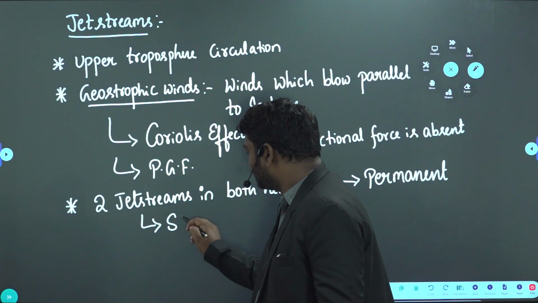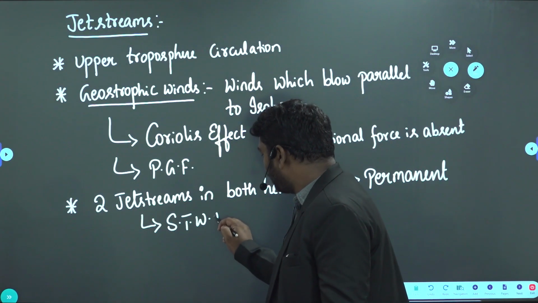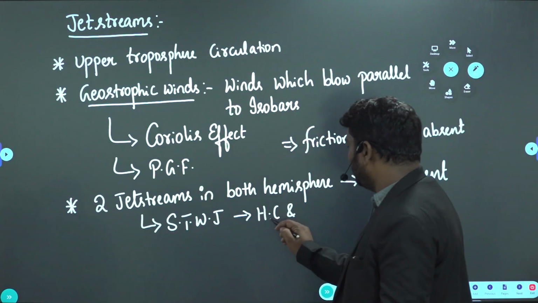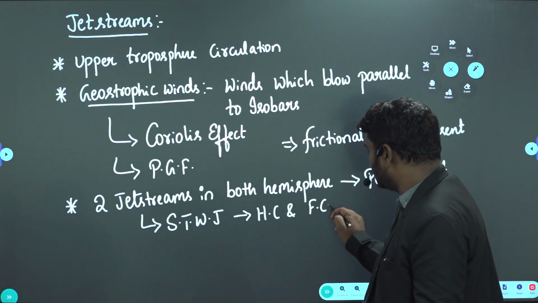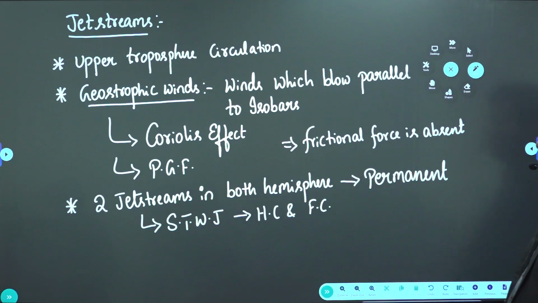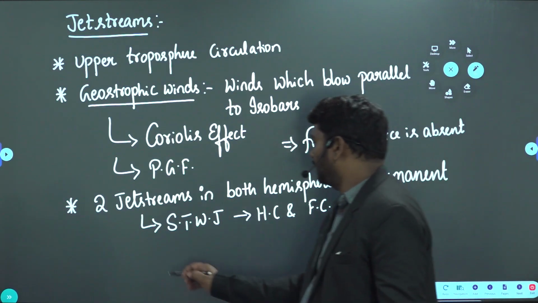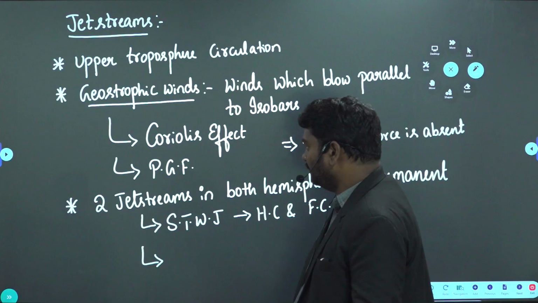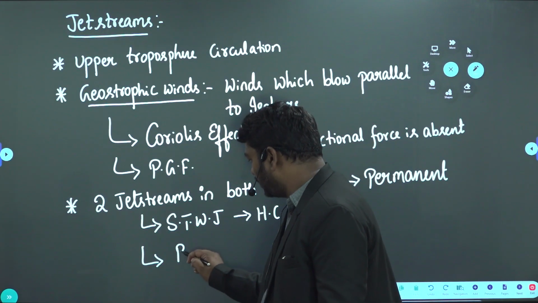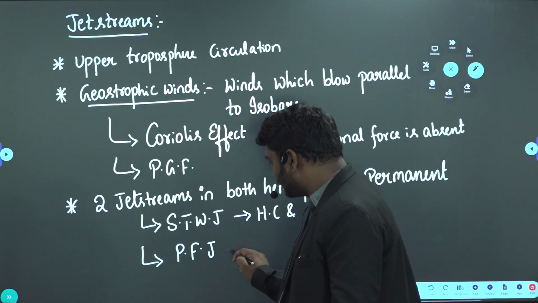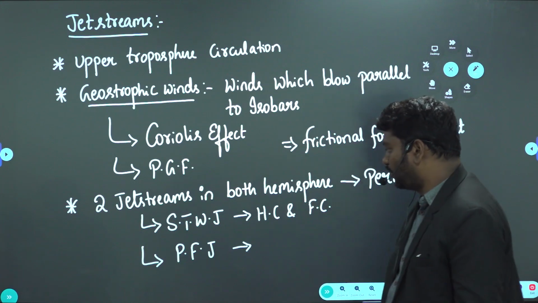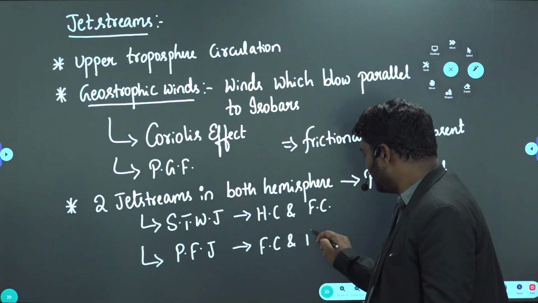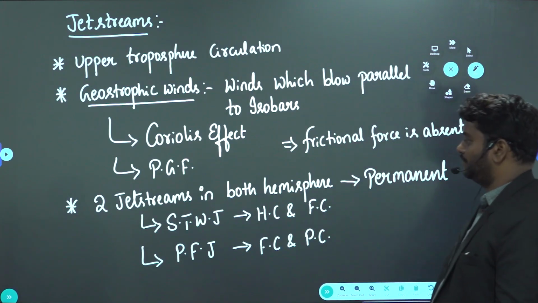One is the subtropical westerly jet stream between the Hadley cell and Ferrel cell. Another one, the polar front jet stream, between the Ferrel cell and polar cell.